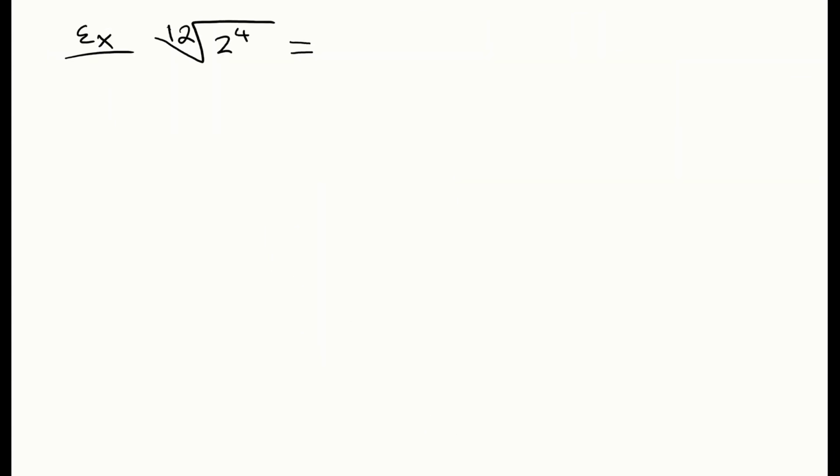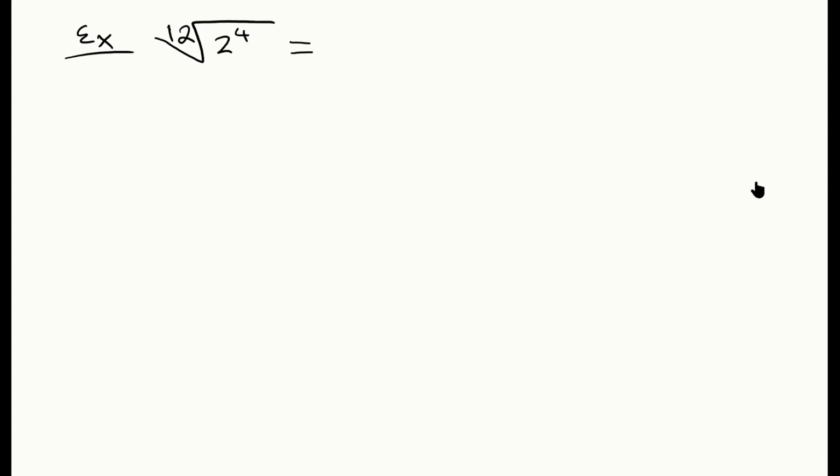So here's an example that we can actually simplify by reducing the index here. And the way that works out is we're going to go from this radical form to rational exponent form, or fractional exponent form. We're going to reduce the fraction and see what happens.